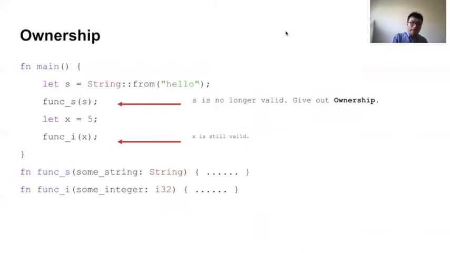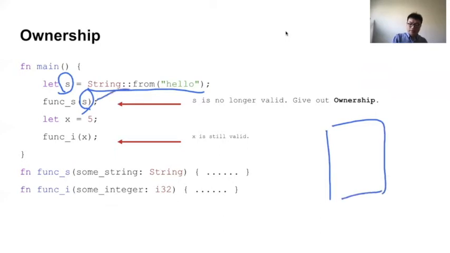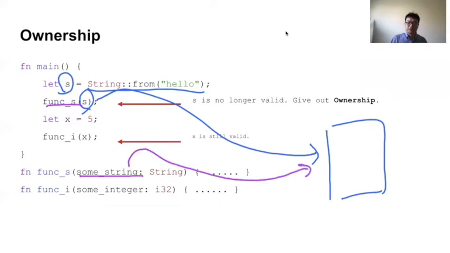In this example, we have an X, which refers to a string, right? When we call a function, it also gives out the ownership. So when we call a function, we have data here, and the original X refers to it, right? But when we pass it to the function, because we give out the ownership to the parameter some_string, now some_string refers to this data and this reference is removed.